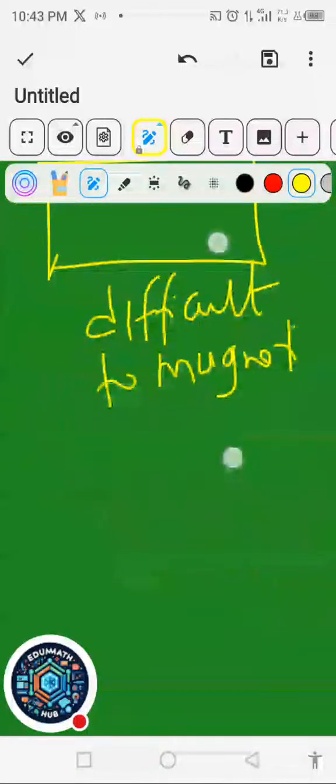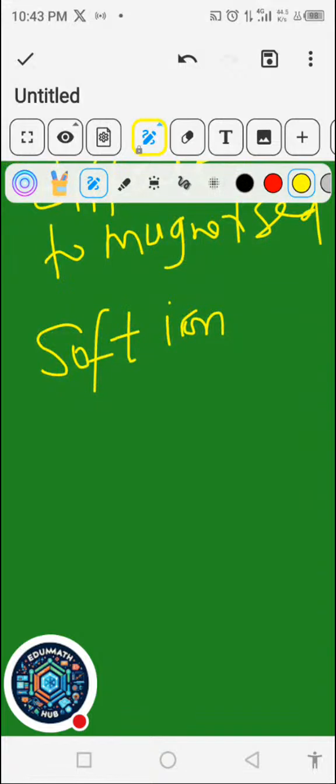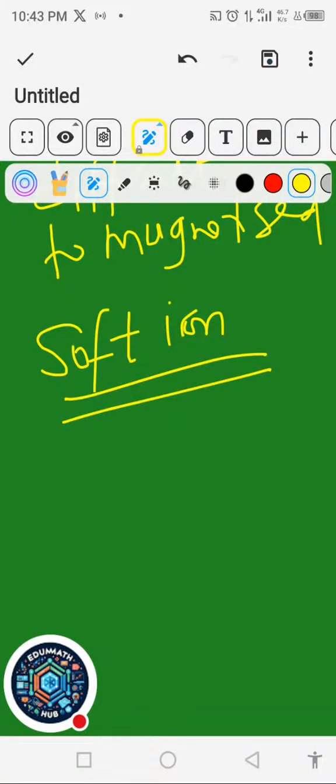While ordinary soft iron is easy to magnetize, but it loses its magnetism easily. That's why it is used for things like electric bells and relays. So steel is for permanent magnets, soft iron is for temporary magnets.